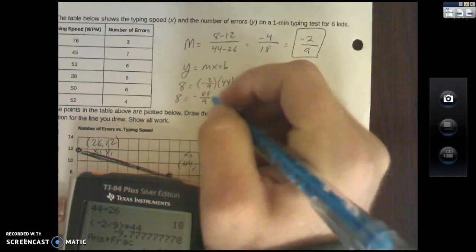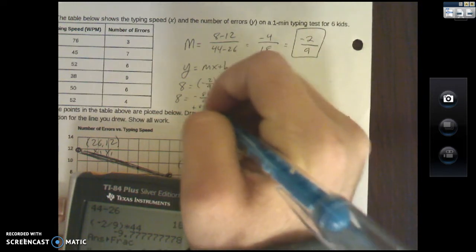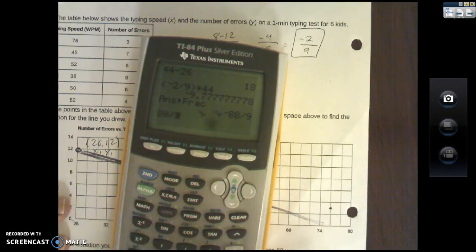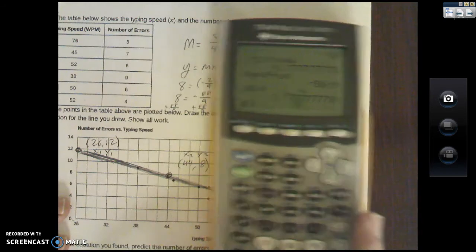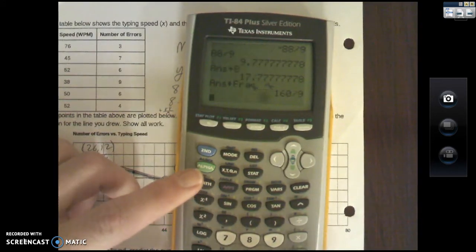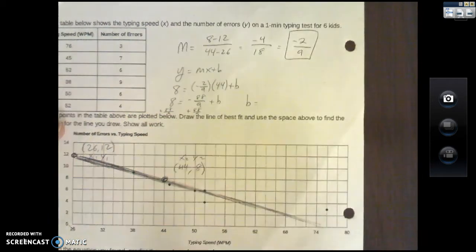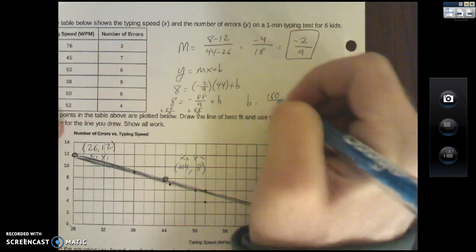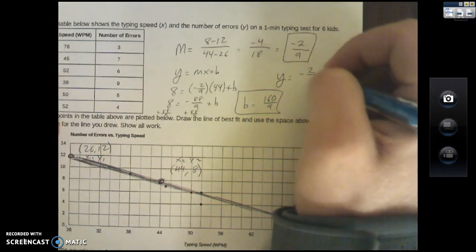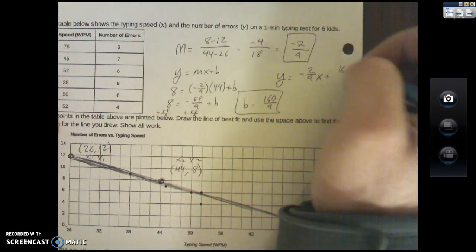I'm going to add that over, so plus 88 over 9. So b equals 88 over 9 plus 8. And if I convert that into a fraction, 160 over 9. Cool. So my equation is y equals negative 2/9 x plus 160 over 9.